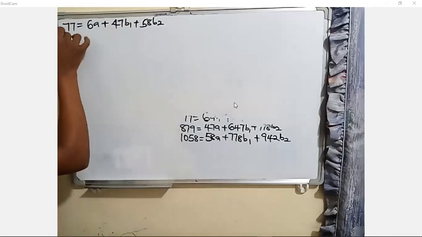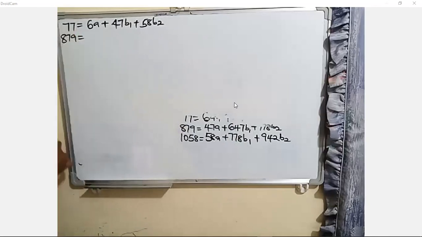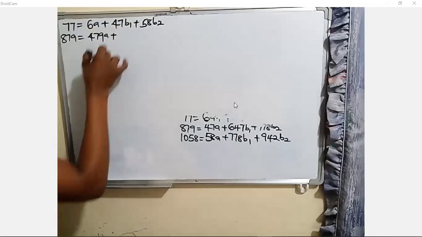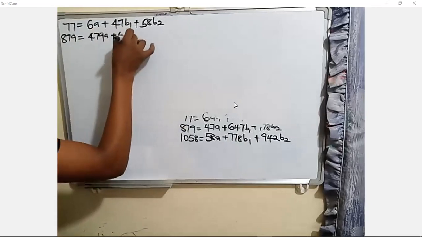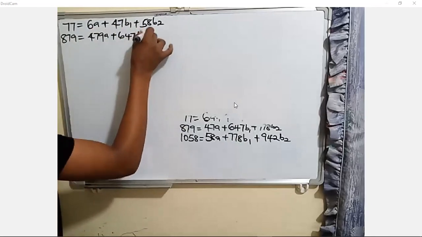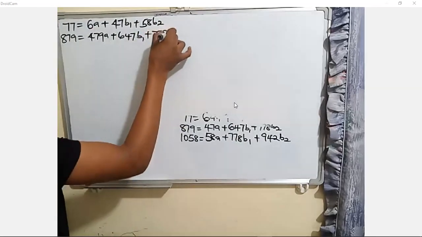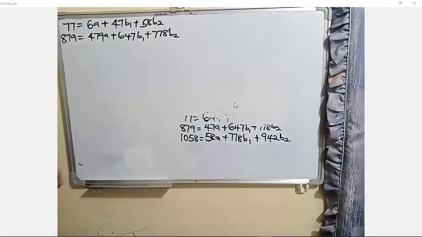But before we reach there, you normally write the two equations like that. So here we have 879 equals 47a plus 647 b1 plus 778 b2.